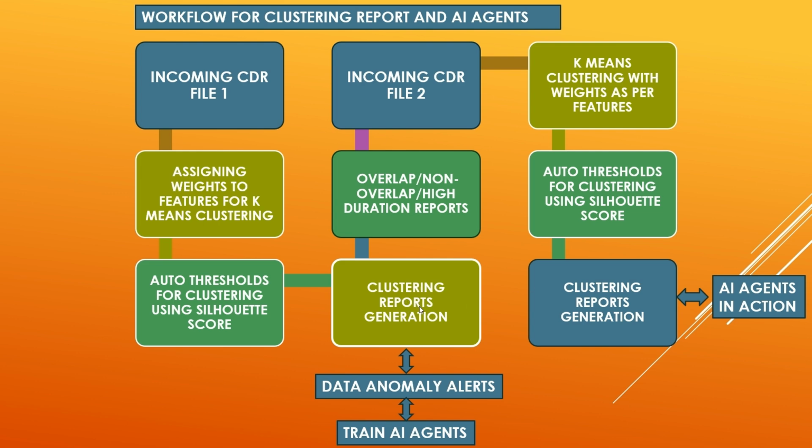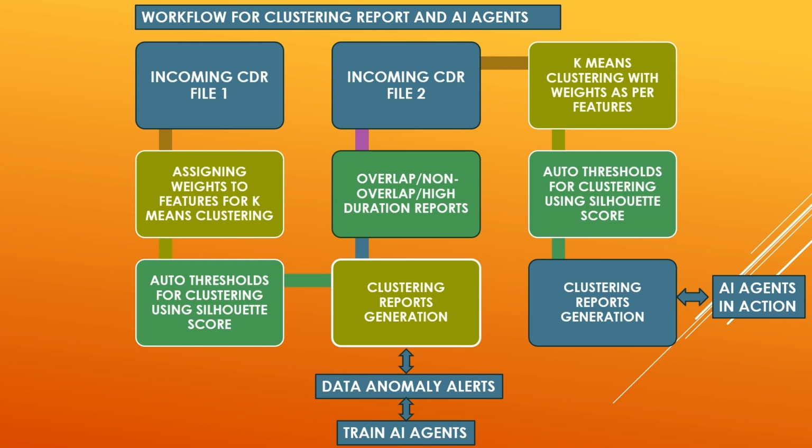Then the clustering report will be generated, and you can see here three clustering reports: overlap, which consists of overlapping calls, non-overlapping calls, and high duration reports. High duration means greater than 1000 minutes. I have given the threshold for these clusters, and non-overlap I have grouped by call duration: short duration, long duration, mid-level call duration.